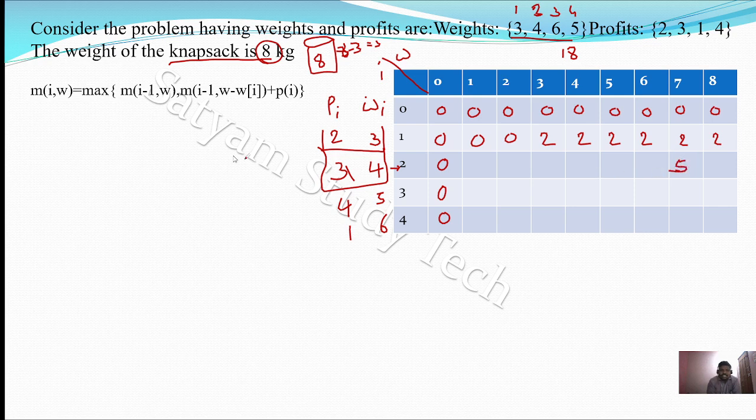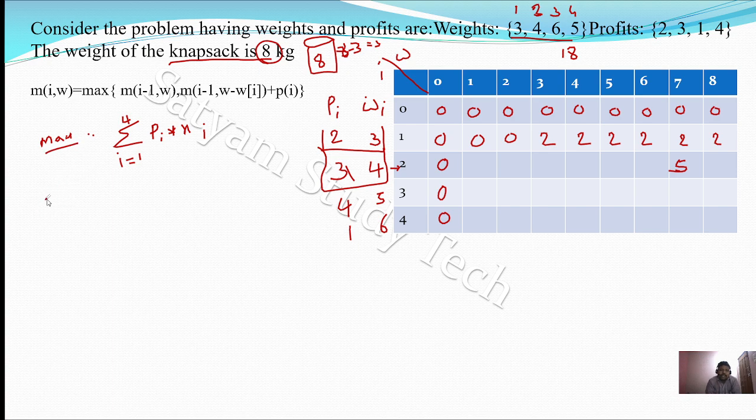Now here there is a constraint. What is the constraint? The objective is to get the maximum profit, that is the maximization of the sum of pi into xi, where i value is 1 to 4, since there are 4 objects. So it is a maximization, and you can get the maximum profit. This is the objective.